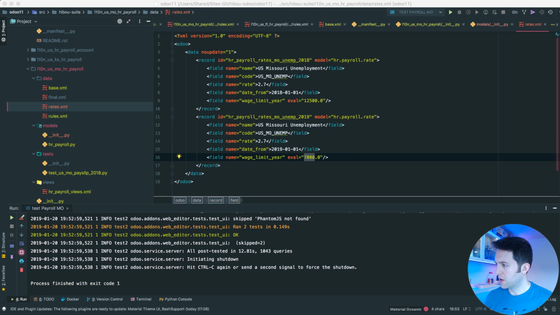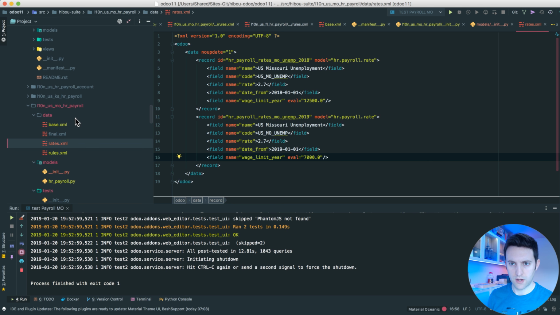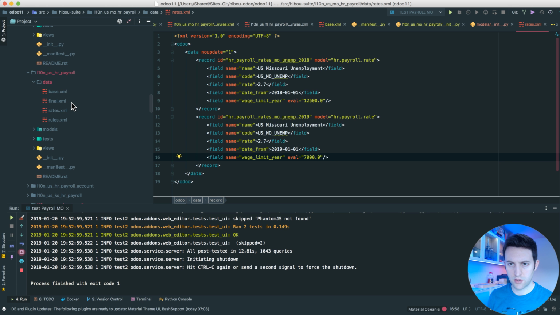Okay, so the beginning rate in 2018 was 2.511, which actually reminds me we need to have better precision in our rates module. Maybe we'll go and make that change right now.